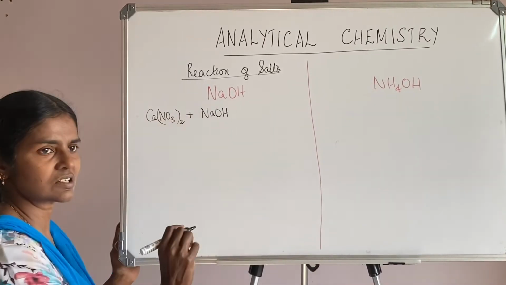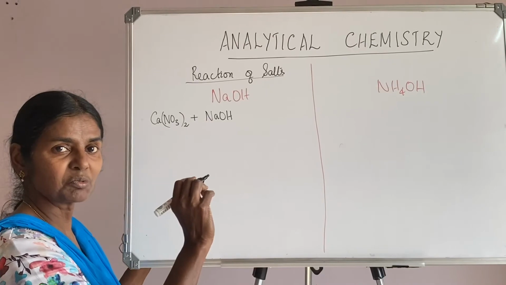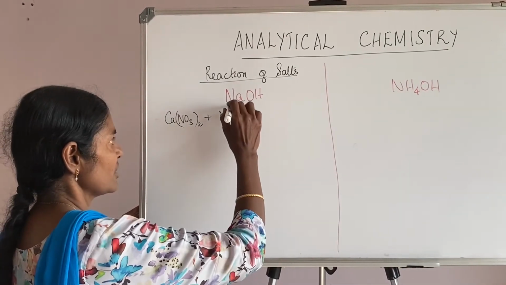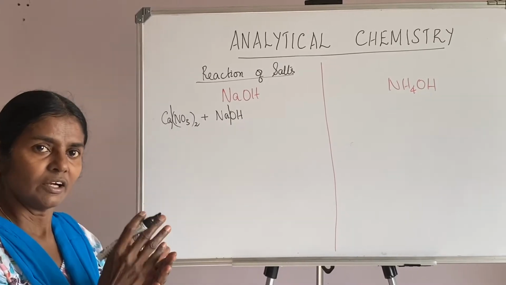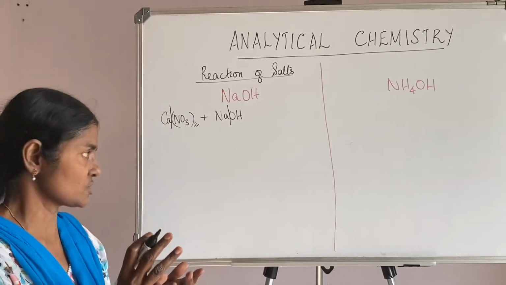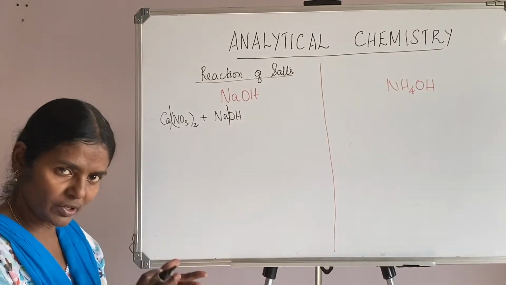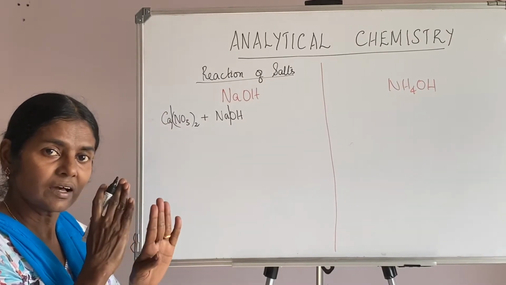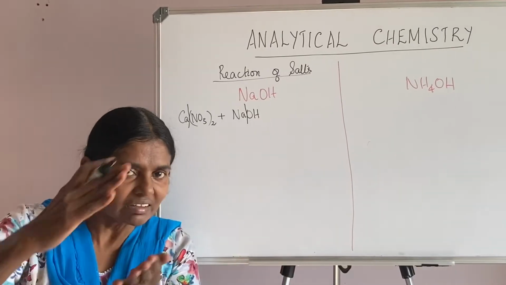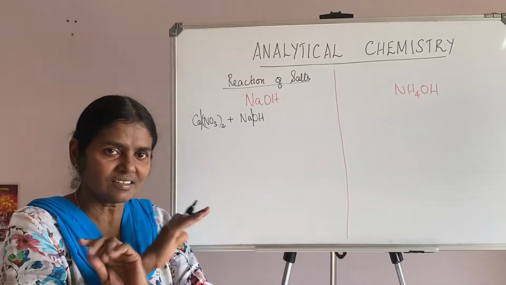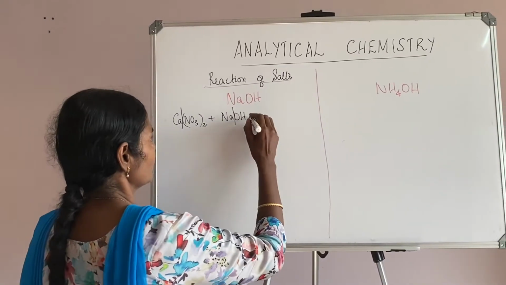Basically, these reactions are double decomposition reactions. That means what? Decomposition means to break down. Double means two compounds. So these two compounds are broken down and the radicals are interchanged. So what do you get?